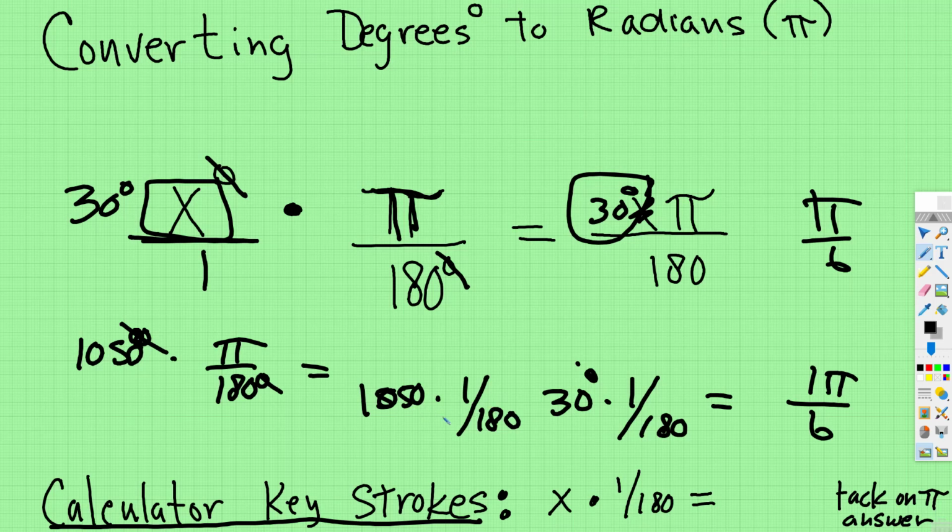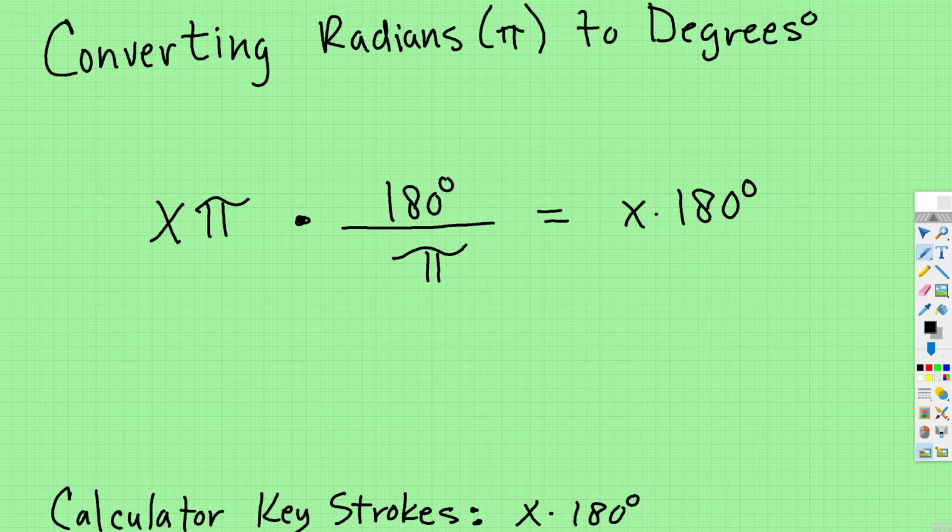Some of you that are clever are saying, well, you could just divide by 180. Yep, you could. Multiplying by the reciprocal is the same as division, 1,050 divided by 180. And then that's it.